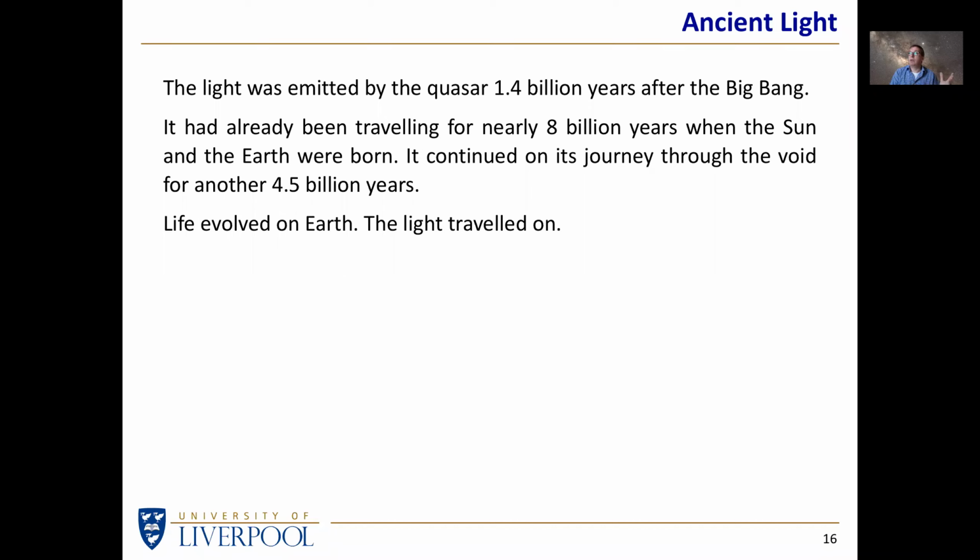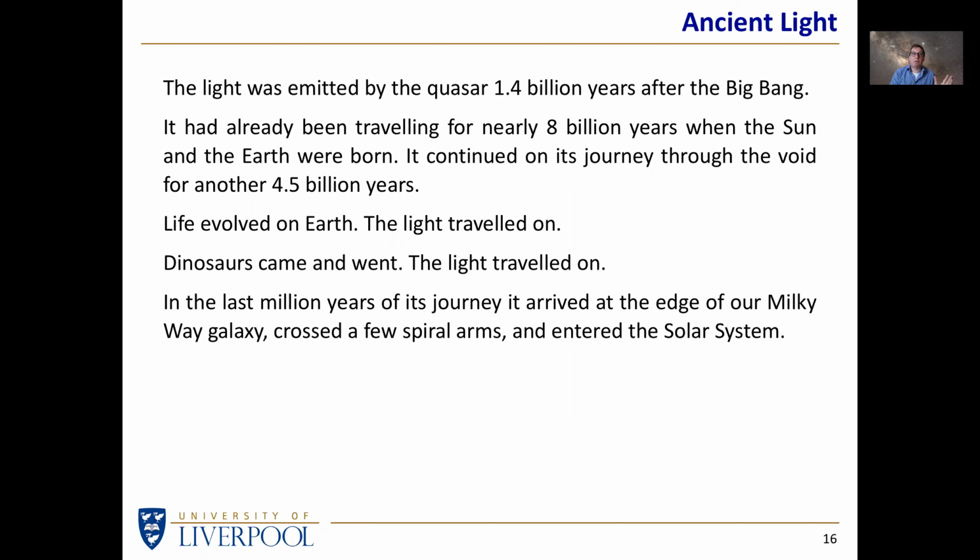So the earth formed, life evolved, the light traveled on. Dinosaurs came and went, the light traveled on. In the last million years of its journey, it finally arrived at the Milky Way galaxy. It crossed a few spiral arms and it entered our solar system.